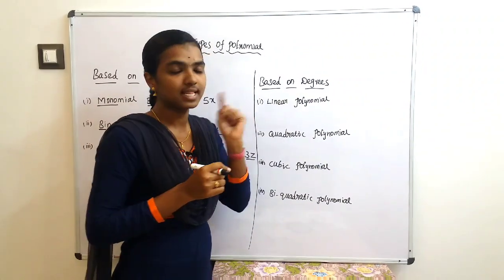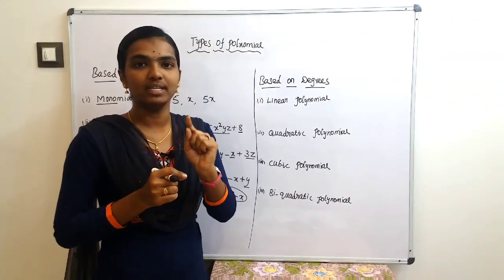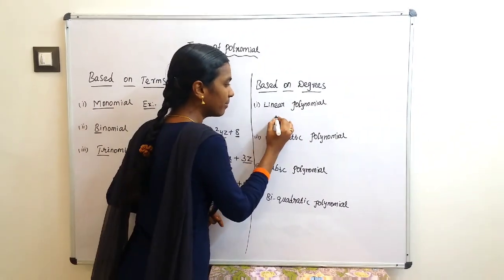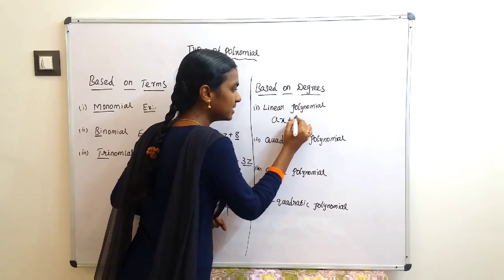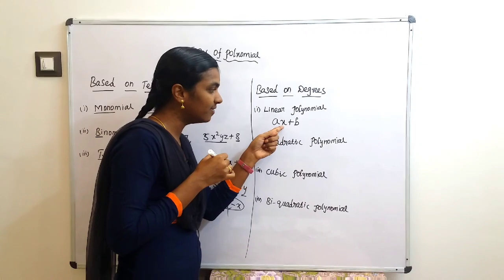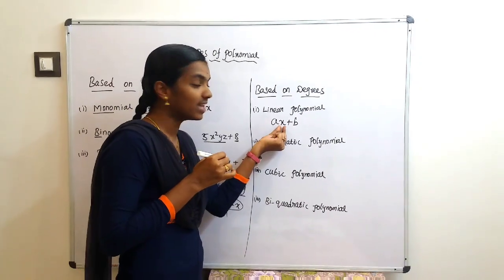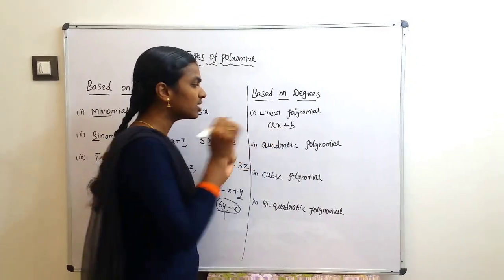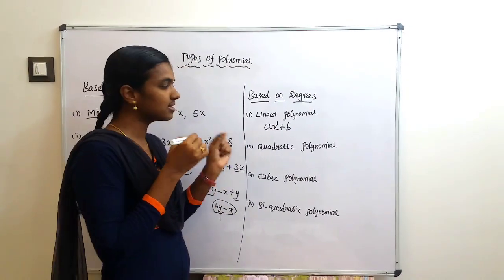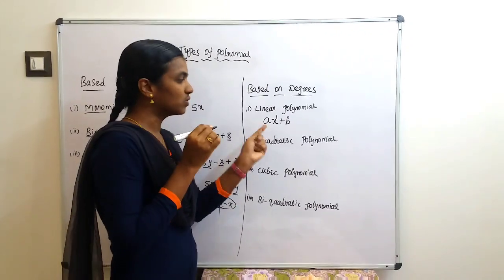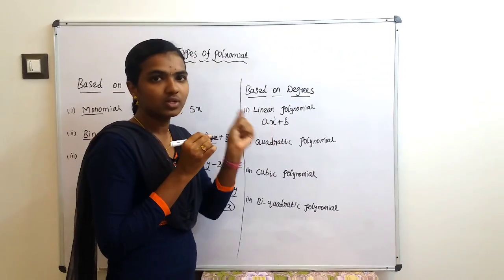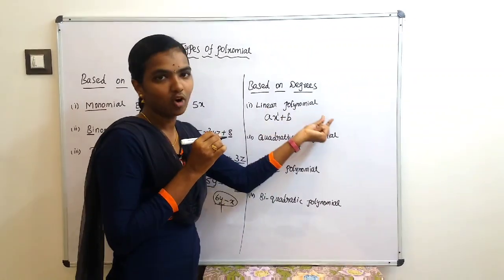Linear means the degree of the variable is 1. The general form of the linear polynomial is ax plus b. It is a polynomial in x. What is the power of the variable? X is x power 1. So the highest variable power is 1, and that is called a linear polynomial.